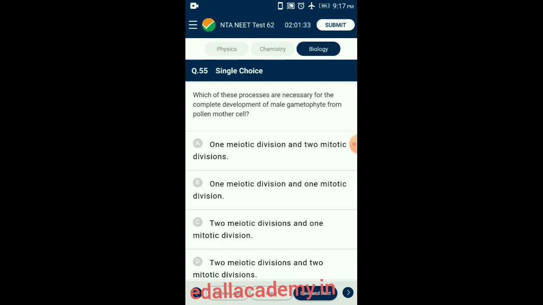The first mitotic division in a pollen grain or microspore results in 2 unequal cells. The large one is the vegetative cell, which eventually forms the pollen tube. The smaller one is the generative cell, which produces the male gametes by another mitosis. So the answer for this question is option A, 1 meiotic division and 2 mitotic divisions.